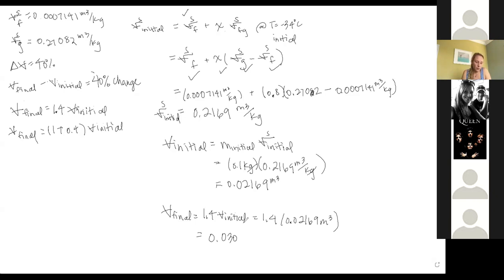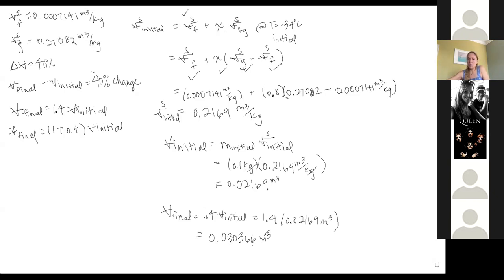Let me do it again. 1.4 times 0.02169 gives 0.03036 cubic meter. Did anybody else get that? Okay, great. Yeah, I got that.